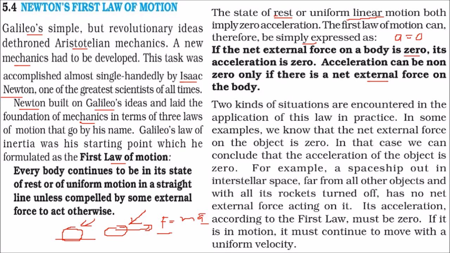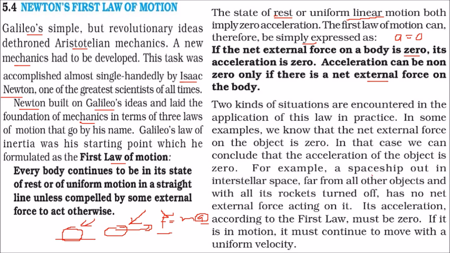This can only be non-zero when you have some force here. If the net external force on the body is zero, as we said, the body is either at rest or it is moving in uniform motion.